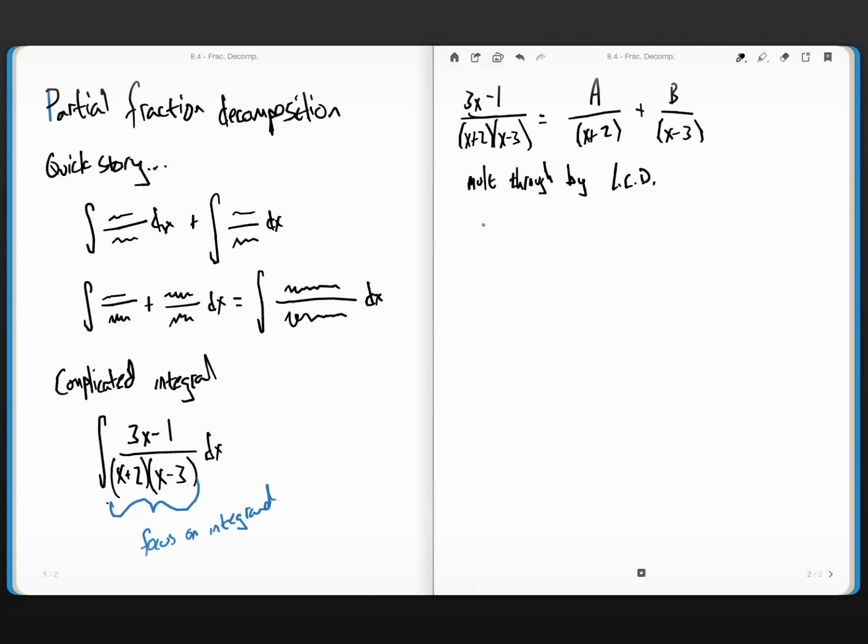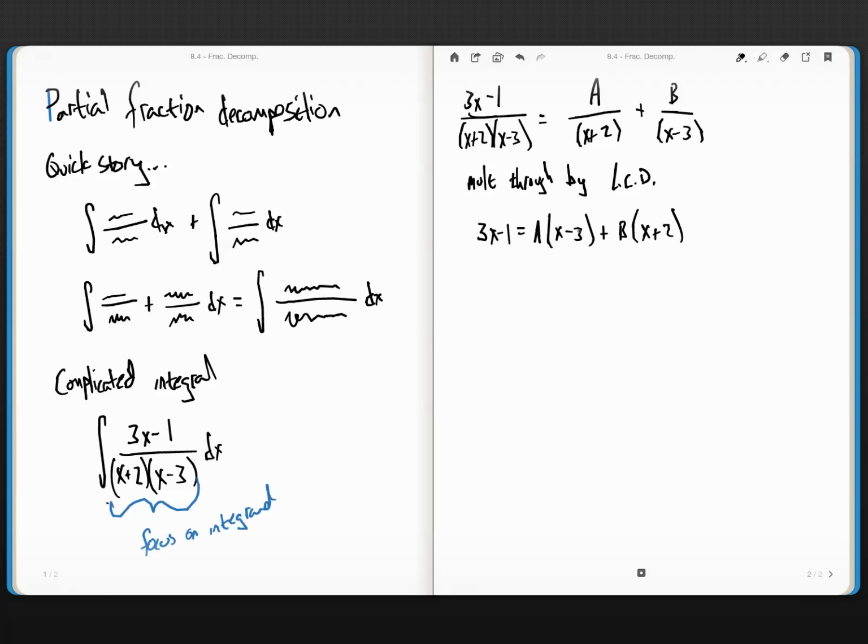So the 3x minus 1 just stays that, and this equals a times, well, the x plus 2 will cancel, so that just remains x minus 3, and that'll be b times x plus 2. Okay, so now this is some equation with an unknown a and an unknown b, but my a and b will help me get back to my original fractions.